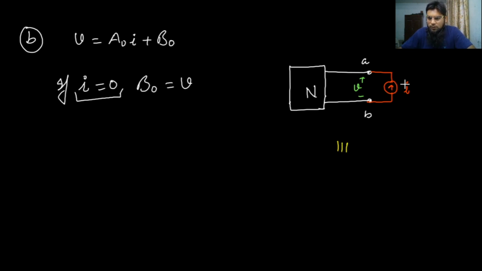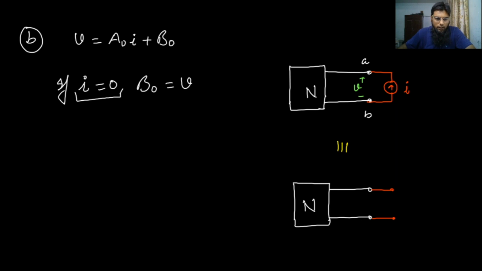Putting the current source to 0 means we are open circuiting this terminal. We are not doing anything with this network, we are just making this current source open circuit so that the current will be 0, and we are getting this voltage V across this terminal, which is equal to B naught.